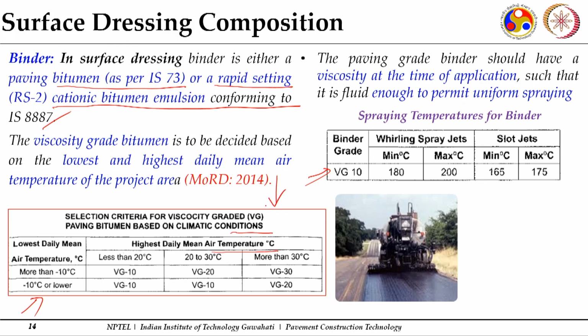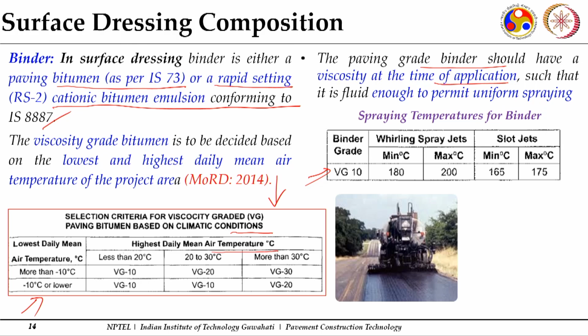This is the table which gives the information on selection of paving grade binder as per the highest daily mean air temperature. First, on the prepared base, we are going to make the application of the binder. A binder distributor tanker is to be there, which has to spray the defined quantity of binder over that particular length and area.